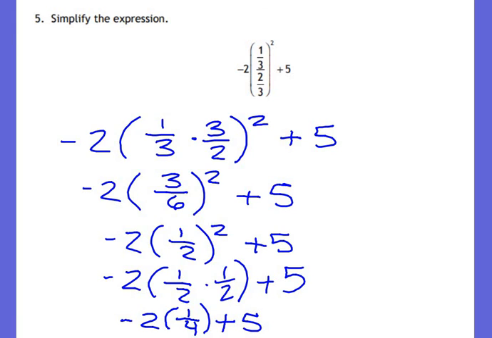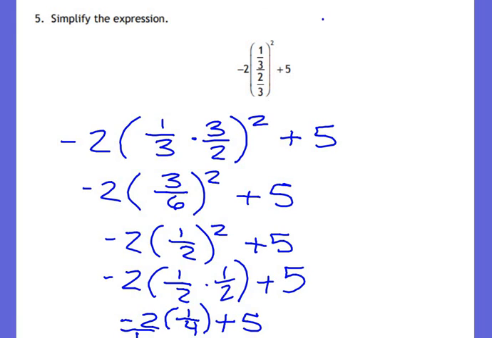Now I have... What operation comes next? Multiplication and division in order that it comes. So I see a multiplication, whole number times a fraction. I pretend this whole number is over 1.